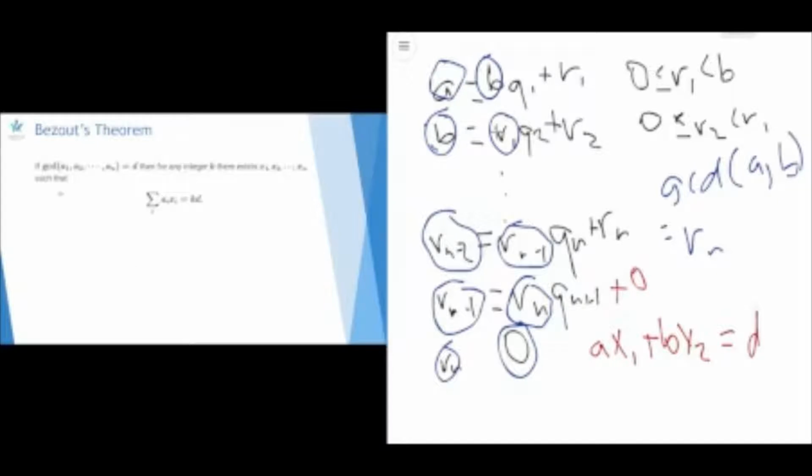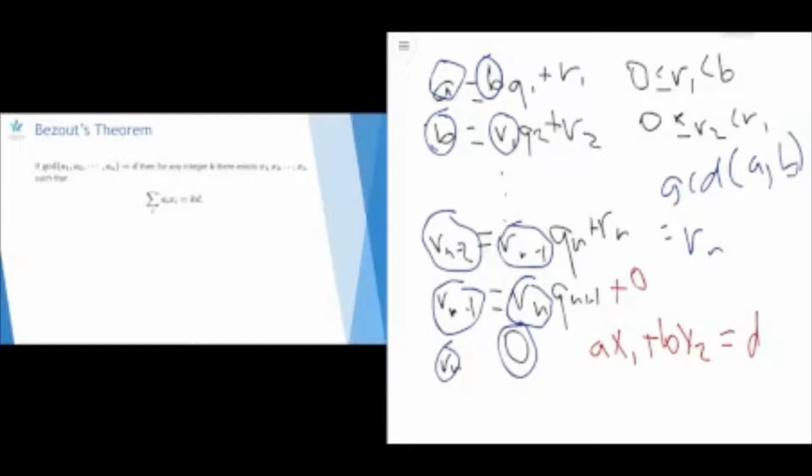But since R of 1 is a linear combination of A and B, it follows by arithmetic that R of 2 is also a linear combination of A and B. So by induction, R of 1, R of 2, R of 3, dot dot dot to R of n are all linear combinations of A and B. Hence R of n is a linear combination of A and B, which is what we wanted. So that's Bezout's theorem for two variables, and the theorem can be extended to multiple variables.